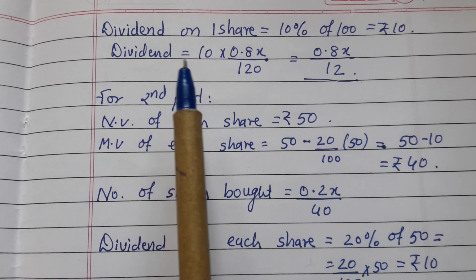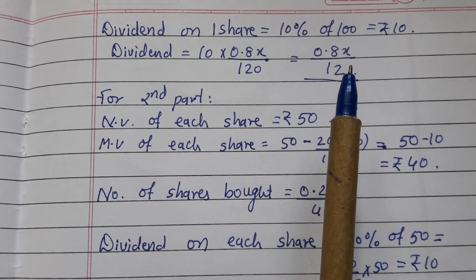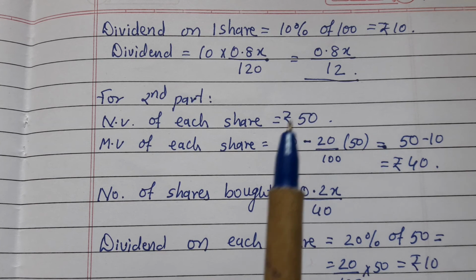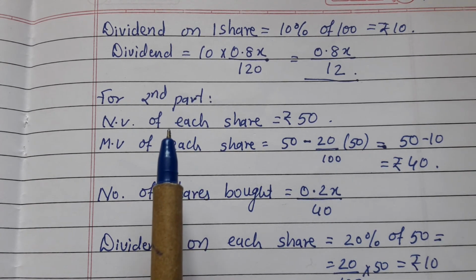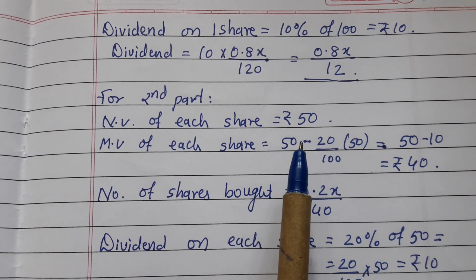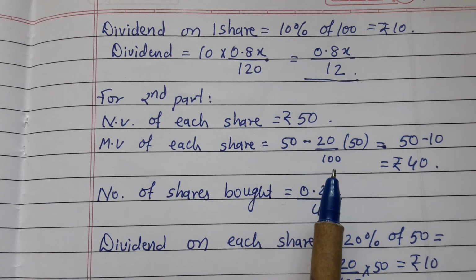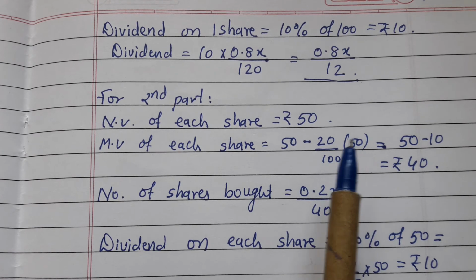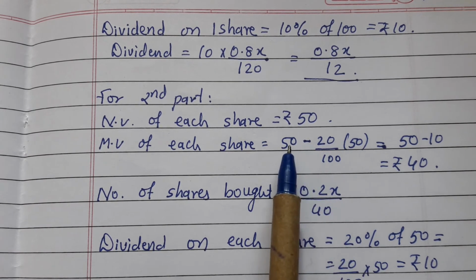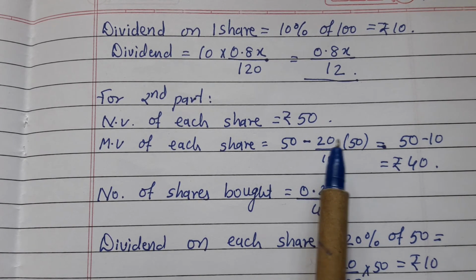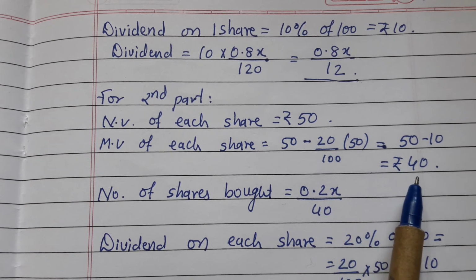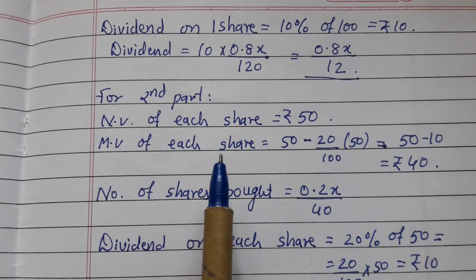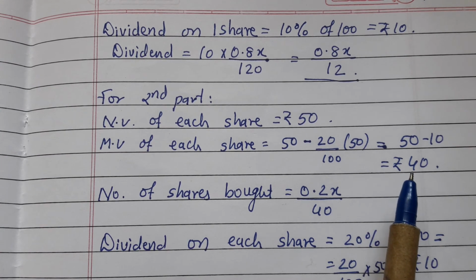Dividend for first part is 0.8x upon 12. For second part, NV of each share rupees 50. 20% discount. So 20 upon 100 into 50, that is equal to 10. 50 minus 10, discount is there, equal to 40. So market value for each share is rupees 40.